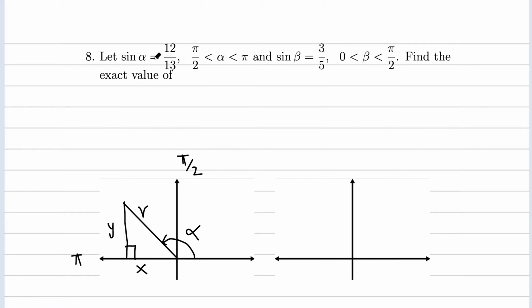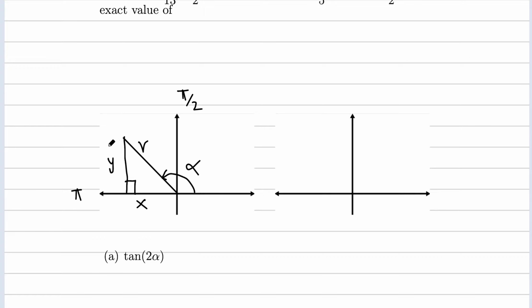We are given sine is y over r, opposite over hypotenuse. So this is 12, this is 13. X is missing, which we can find using the Pythagorean identity: x squared plus y squared equals r squared. Let's do that.